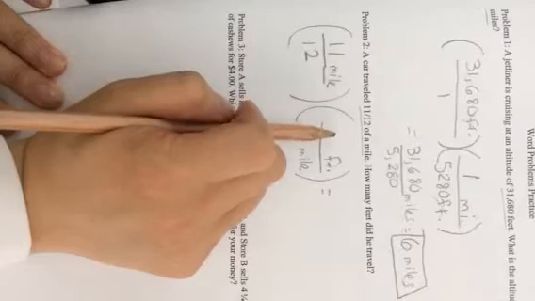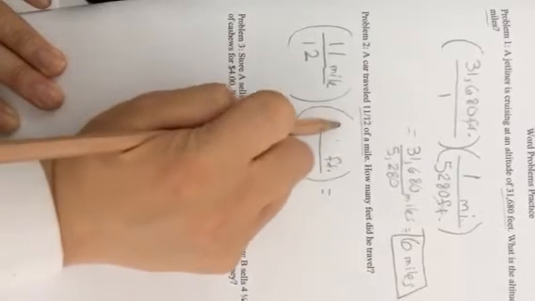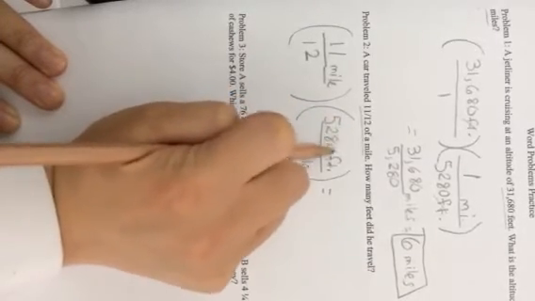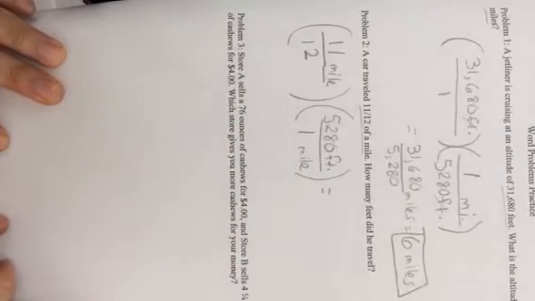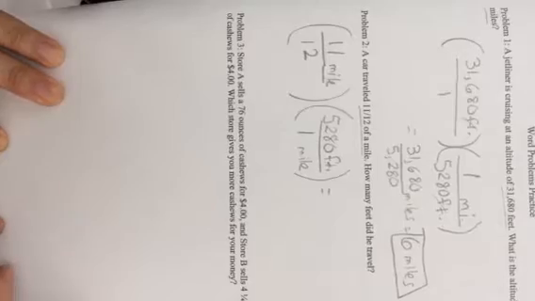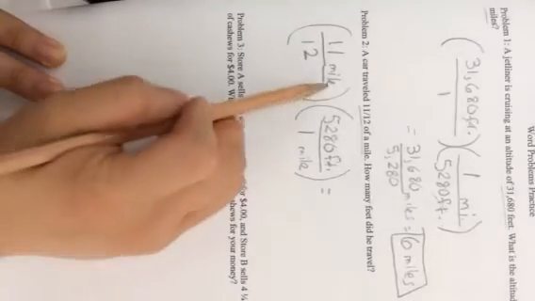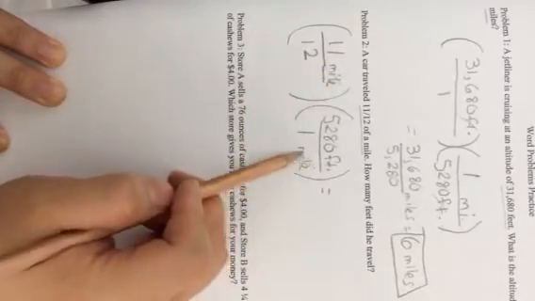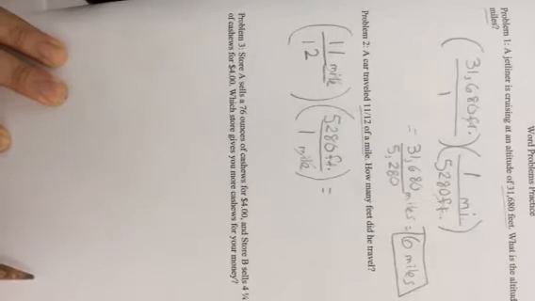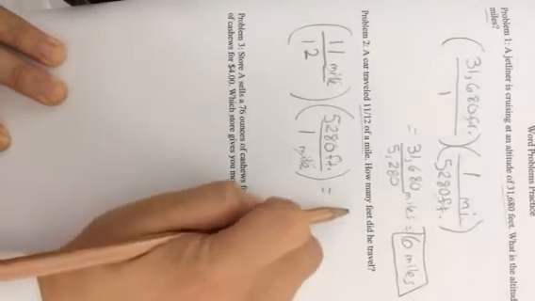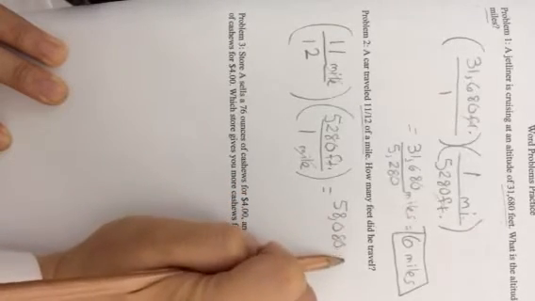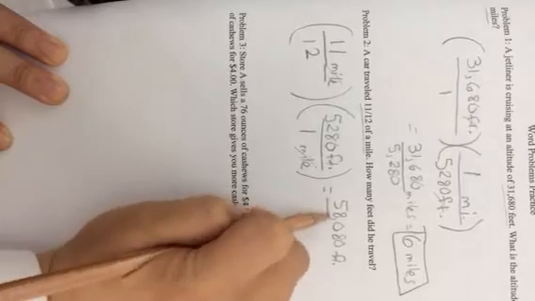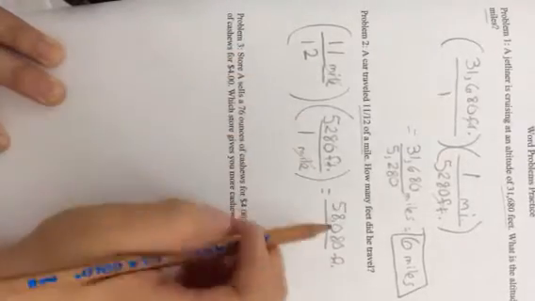There's 5,280 feet in 1 mile, so my 5,280 goes with the feet, my 1 goes with the mile. Now I just have to multiply my numerators and multiply my denominators. So notice that my miles units cancel each other out, so I'm just left with my feet unit. And then when I multiply the numerator, I get 58,080 feet over 12 times 1, which is 12.